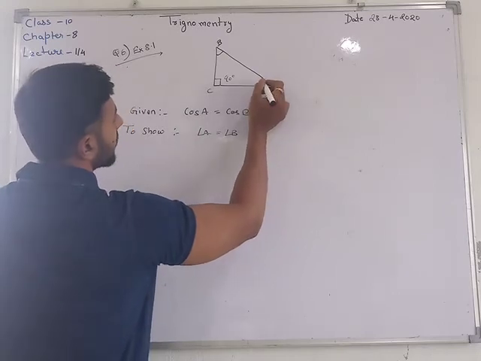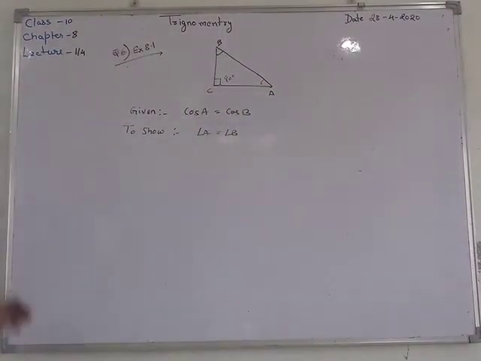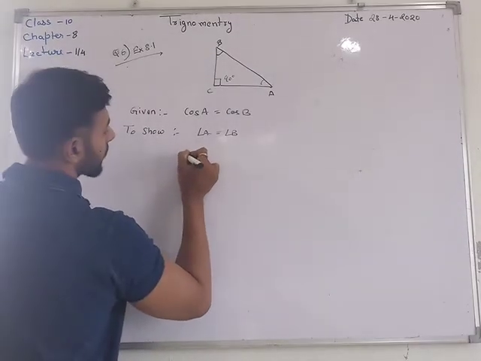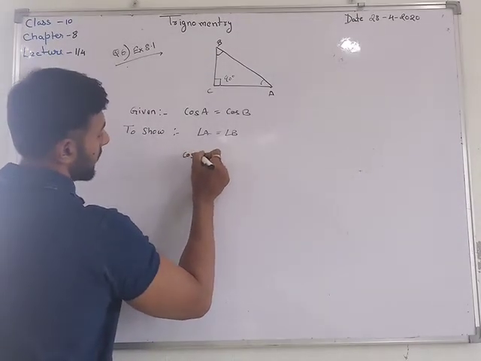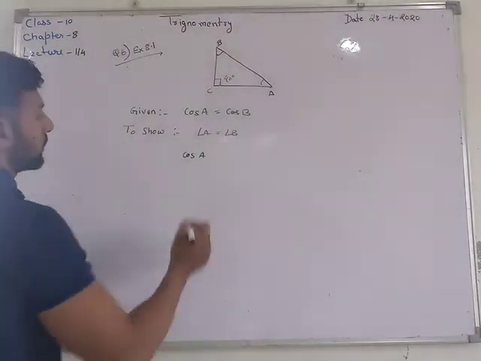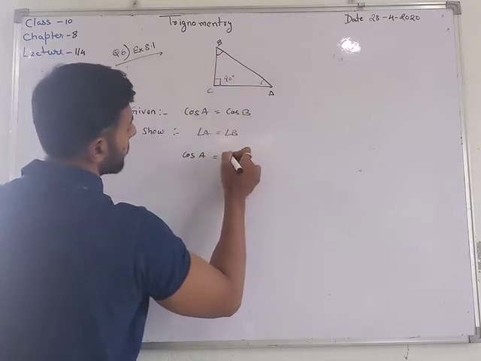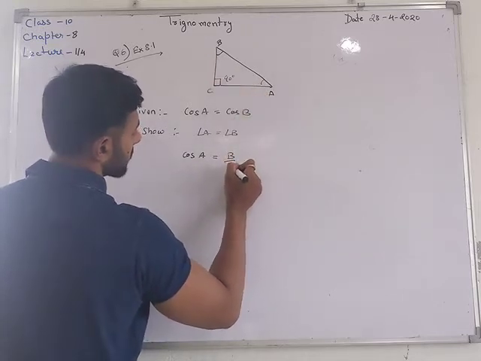Now, first taking cos A. Cos A is equal to base upon hypotenuse.